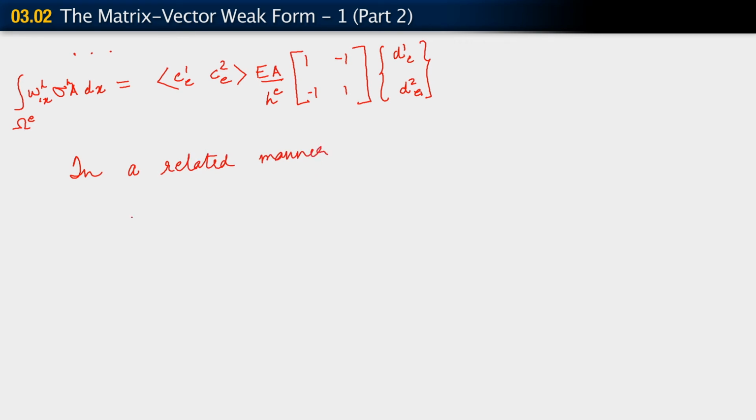Okay. The other integral that we had was the following. Integral over omega c. We had, let me see, what form did we have it in? We had integral over omega c, we had here a sum over a, CAE.